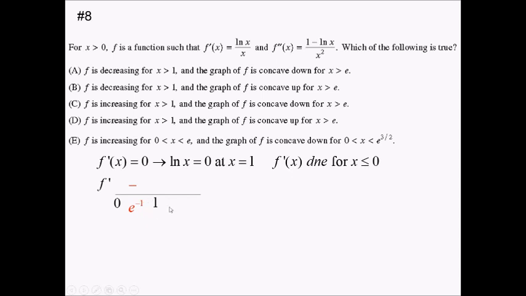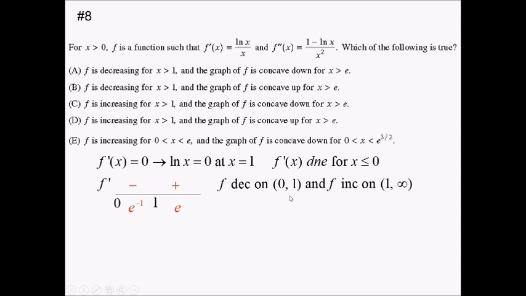And now something bigger than 1, well, e is the one that comes to mind. ln of e is just 1, over a positive gives us a positive. So we see that this function is decreasing from 0 to 1 because f prime is negative, and increasing from 1 to infinity. So that ought to help us narrow down some of the answer choices.